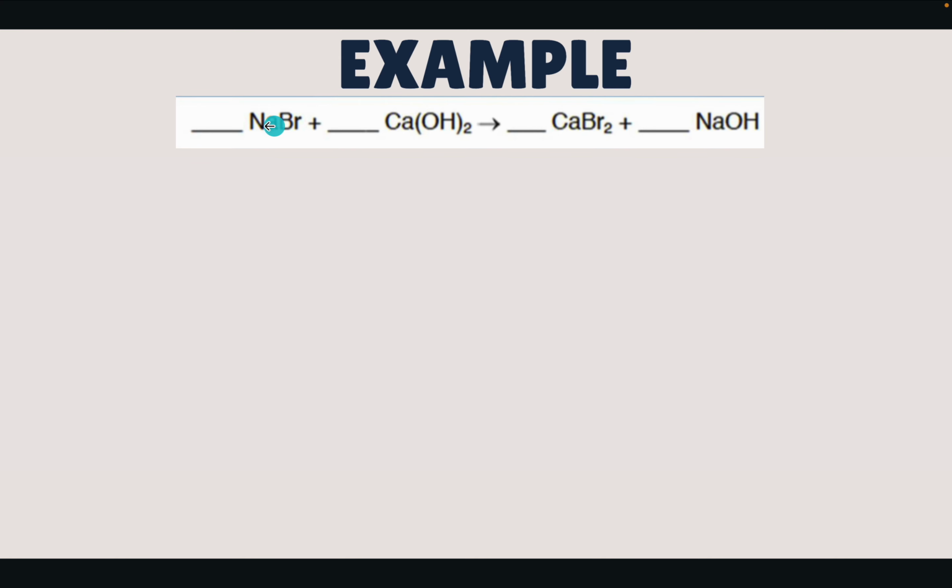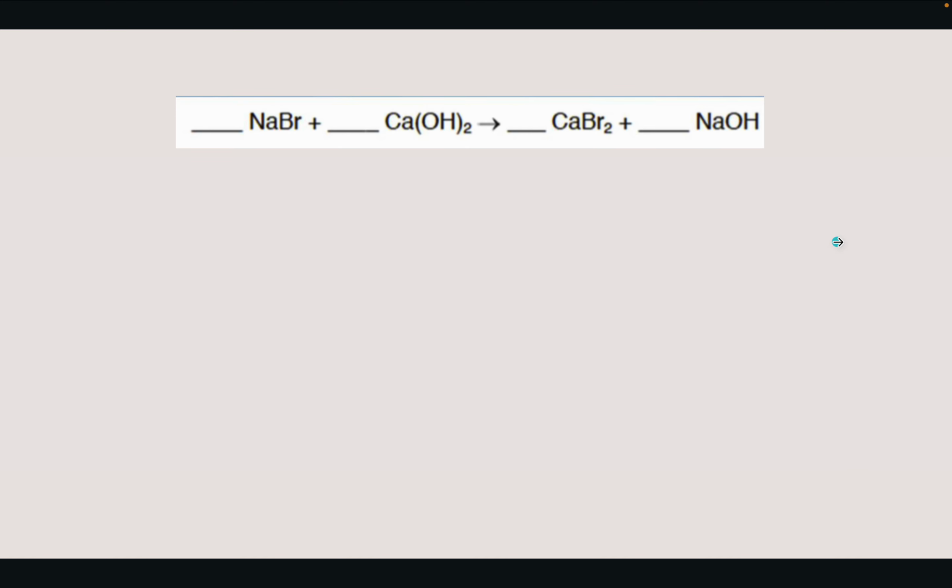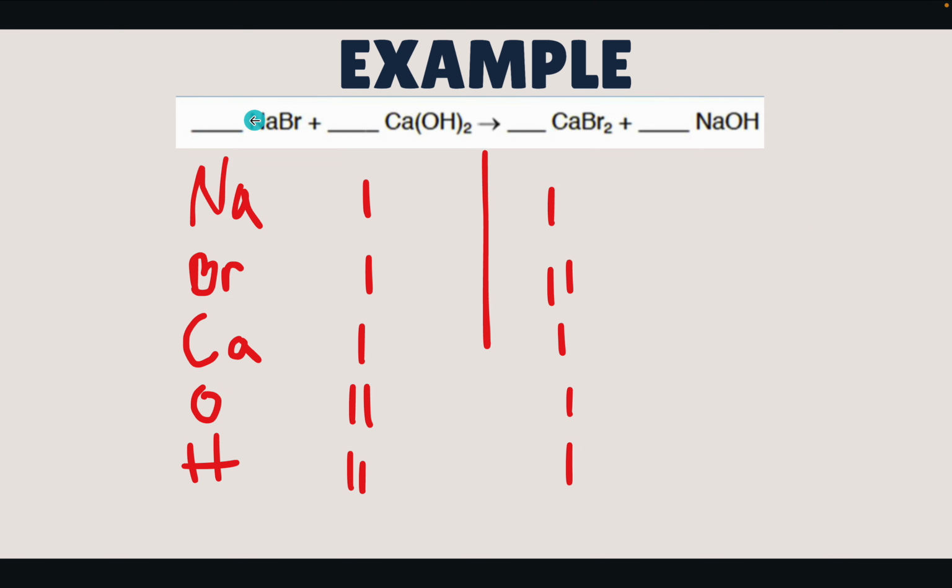Look, because sodium's new partner becomes OH, calcium's new partner is bromide. So first thing we're going to do is count the number of elements on each side. So set up a tally chart here, divide the reaction into the reactant side and product side. In the reactant side, there's 1 sodium, 1 bromine, 1 calcium, 2 oxygens, and 2 hydrogens.